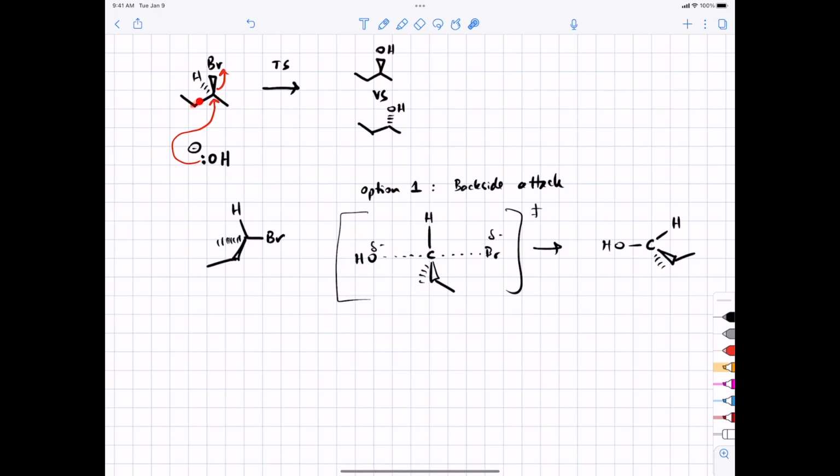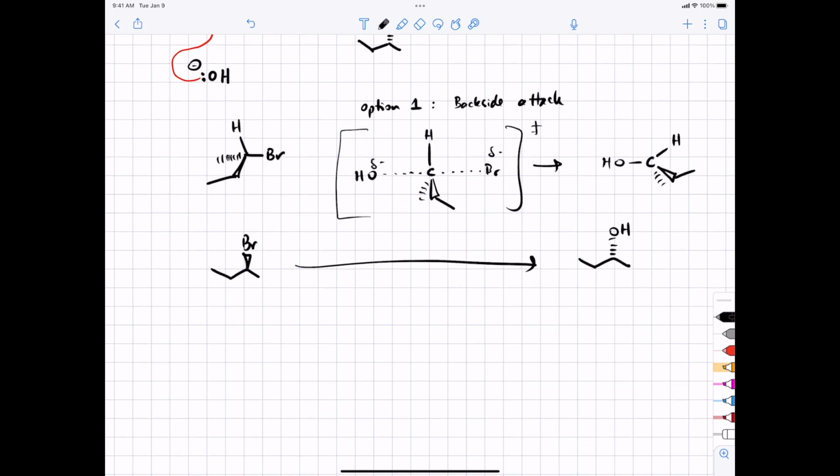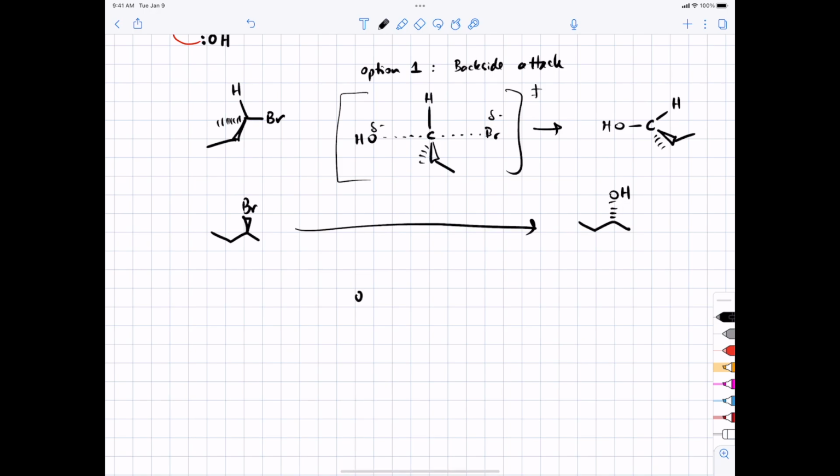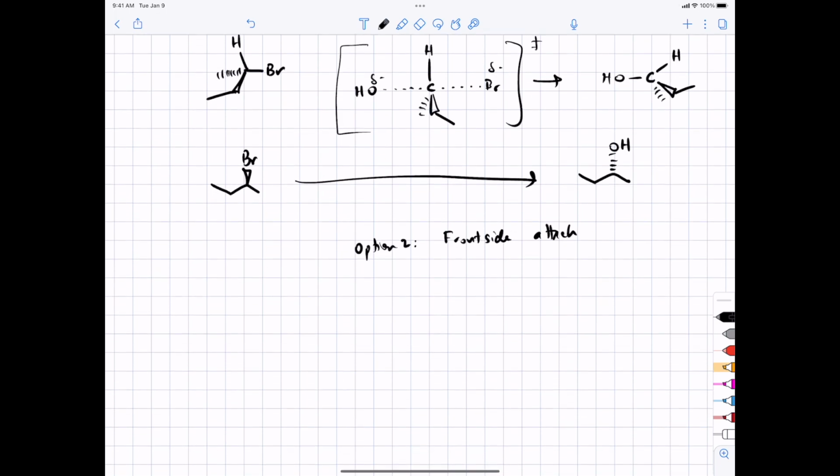And one way you can show that from this perspective would be like this. Okay? Option 2 would be front side attack, and this would involve the nucleophile coming in.